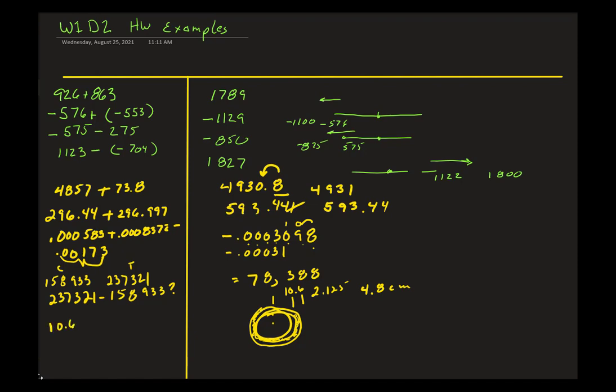And so our problem becomes 10.6. What is the outside diameter of the insulation? We're trying to find this point to this point.